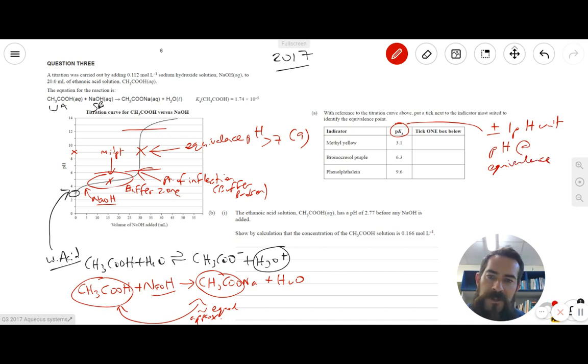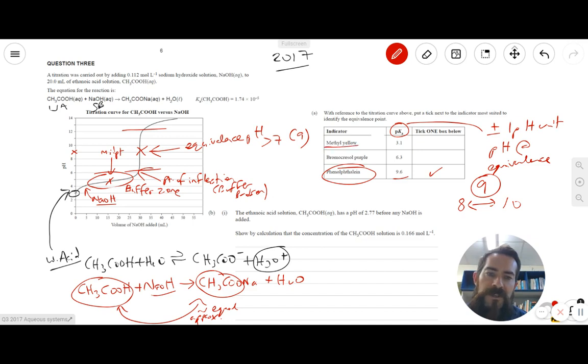So if we've determined here from our graph that our pH at equivalence is 9, and we have an indicator here which can operate from 8 up to 10, so 1 pH unit above and below, then we will clearly cover that equivalence point pH. And so phenolphthalein is the correct indicator for this titration. Some students will just memorize phenolphthalein goes with the weak acid strong base titration, but that's the theory behind it. And all you have to do is tick that box. So I'd imagine there would have been an achieved mark going for that.